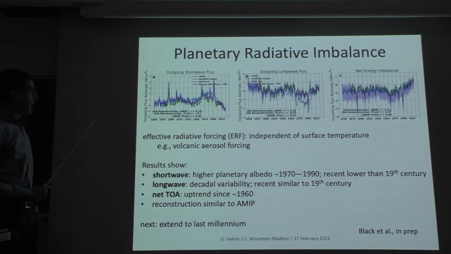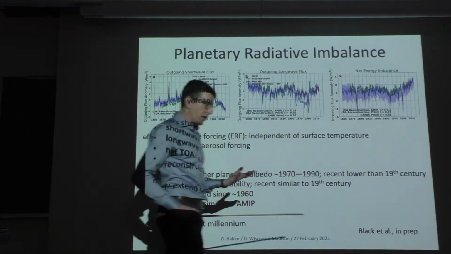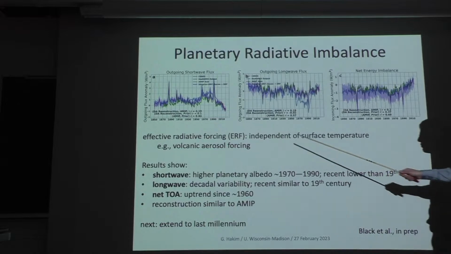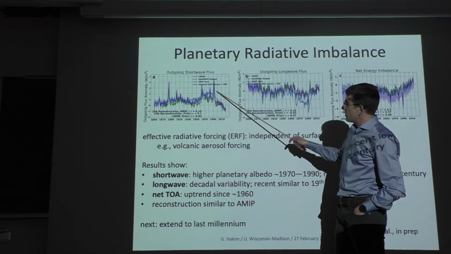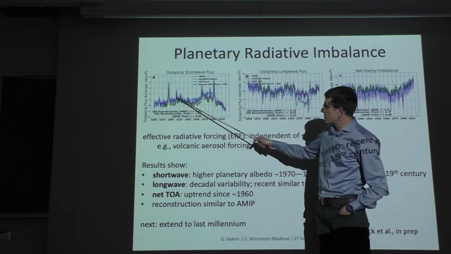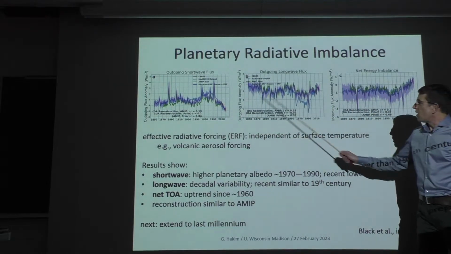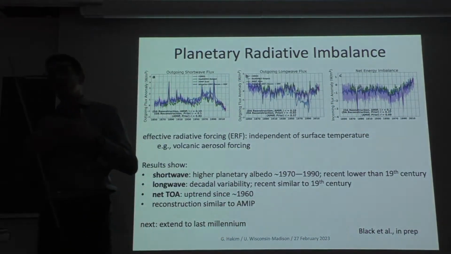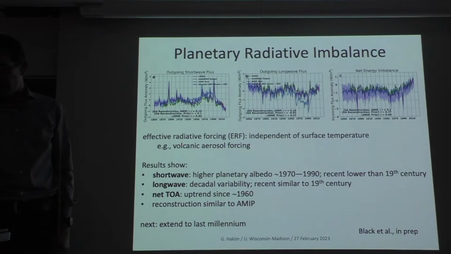There's a lot to this story that I can't go into, but basically, if you do AMIP experiments where you use known SST distributions and you look at the radiative response of a climate model subject to those, you get the green curve, and then the results of the data simulation, knowing only the surface temperature, are showing the blue curve. And there's good agreement there for all three of these. So this gives us confidence that we can now take this next step, which is to go back pre-instrumental and reconstruct Earth's albedo and the outgoing long wave flux.